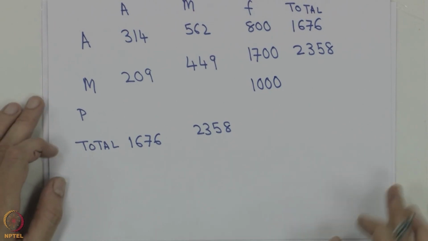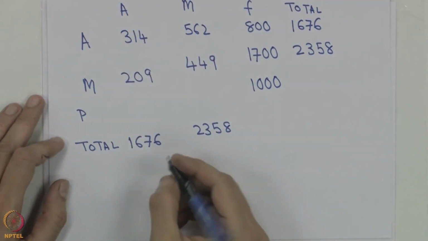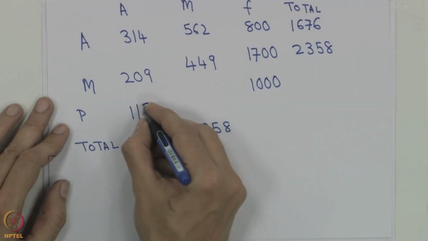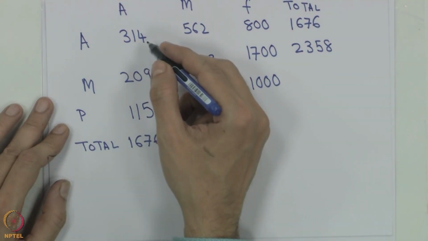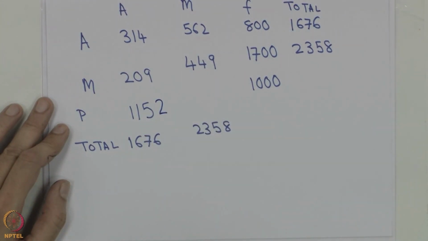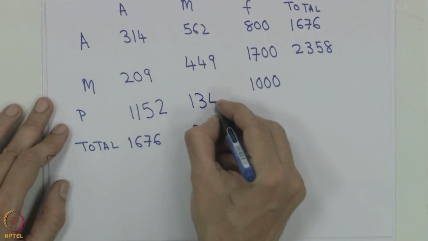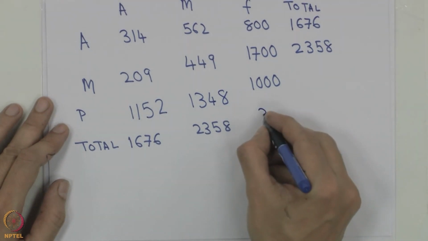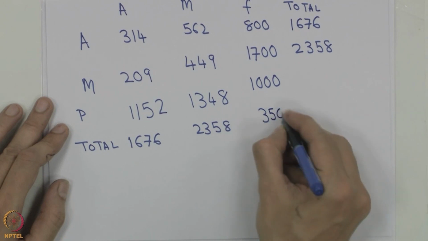Once we do this, you can now take this minus 314 minus 209, and we will get 1152. 1676 minus 314 minus 209, and this is 1348, and this turns out to be 3500.